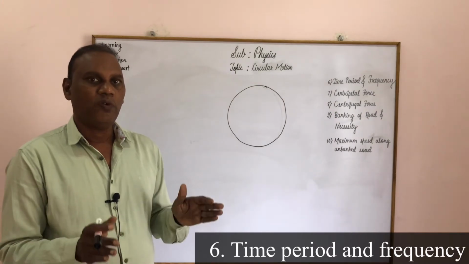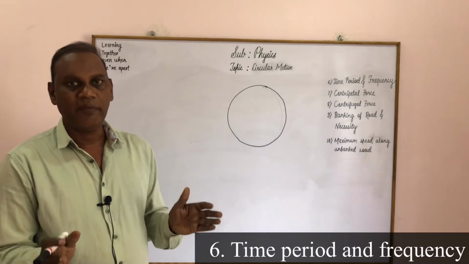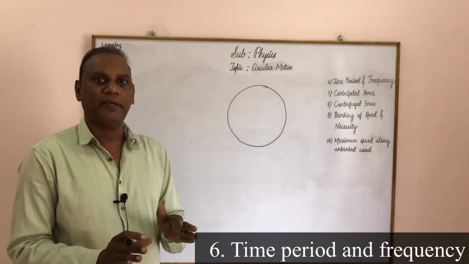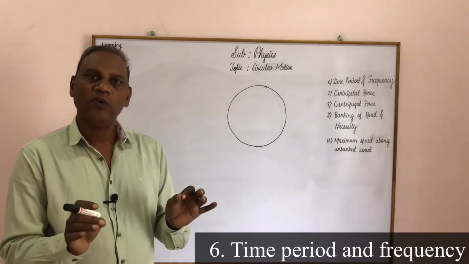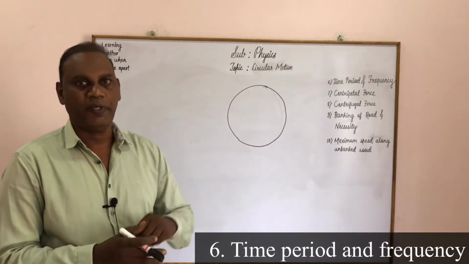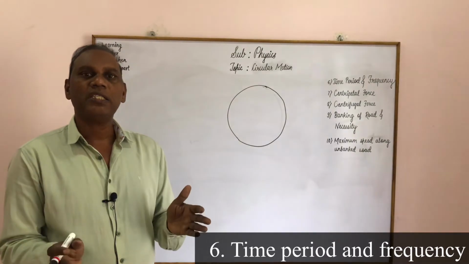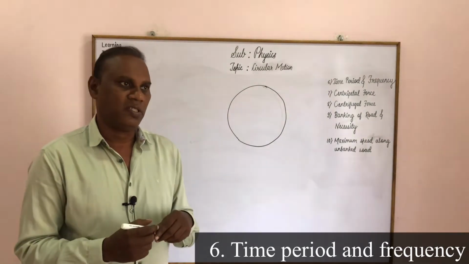So we can define the time period as the time required for a particle to complete one revolution, and the distance of one revolution is the circumference.